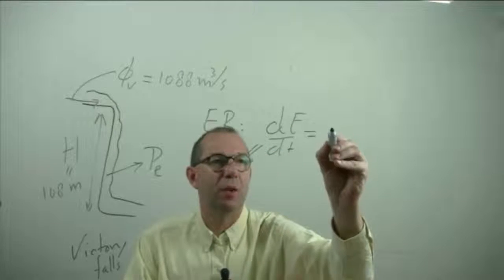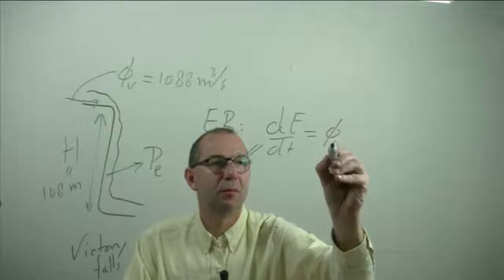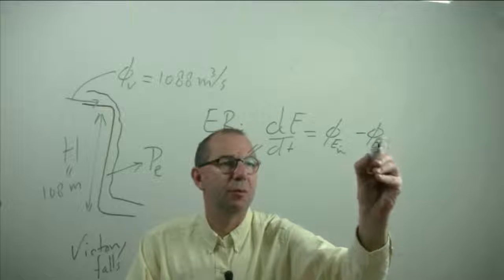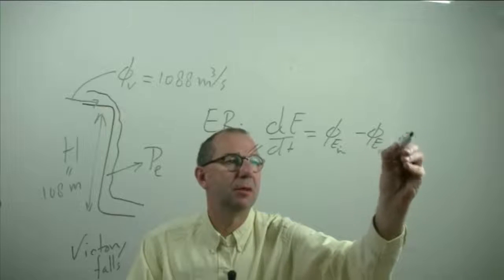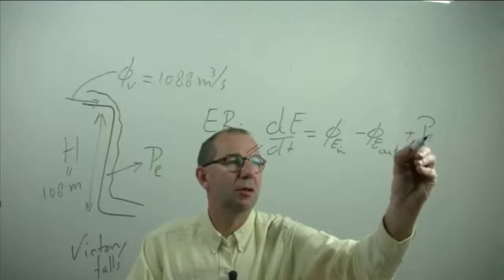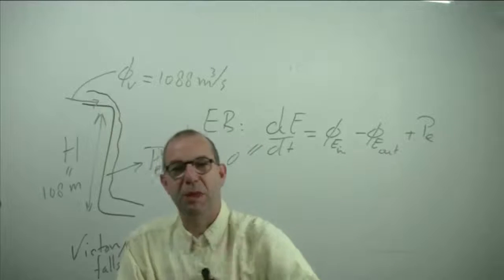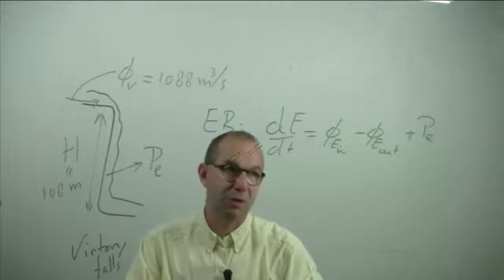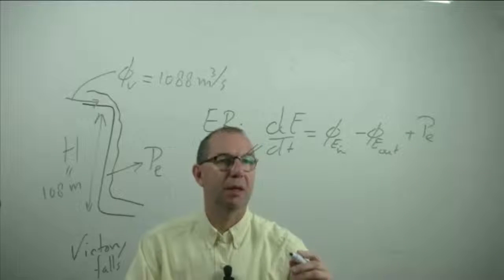Obviously energy is flowing in, energy is in principle flowing out, and there is a production term, meaning that we convert gravitational energy into electricity. And we would like to know how big this one is.